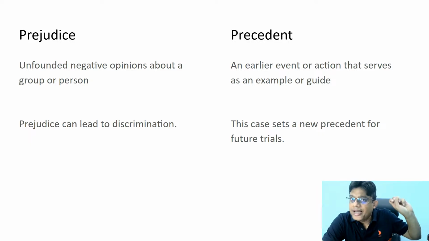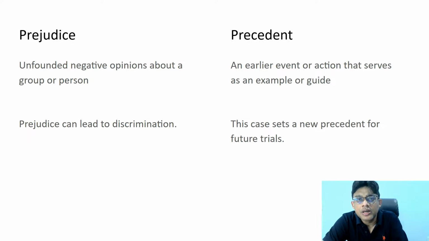The person might be a really nice person, but out of nowhere I have created an opinion, because somebody told me something about that person. I have not cross checked it, I have not verified it, and I've just created an unfounded negative opinion. Maybe my friend said that he's not good, so I started believing he's not good. That is called prejudice. It means you have a negative opinion about someone which is unfounded.